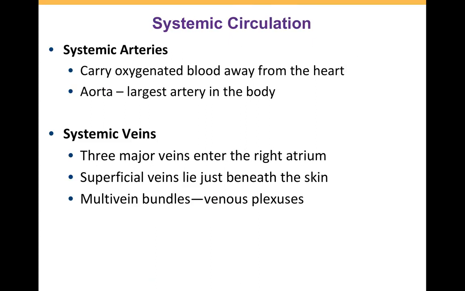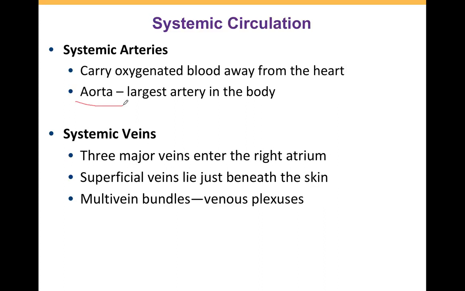Again, a review of what we already discussed. Systemic arteries are going to be carrying oxygenated blood from the heart toward the body, so the systems of the body can use that oxygenated blood. The most important blood vessel, as we mentioned, is the elastic artery called aorta.